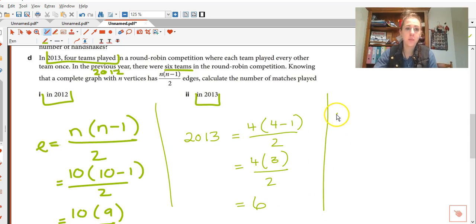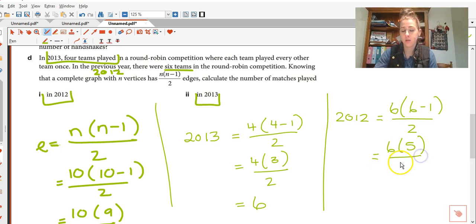So then if we go back to the previous year, which will be 2012, there were 6 teams then. So we've got n multiplied by n minus 1, so 6 multiplied by 6 minus 1 over 2 equals 6 times 5 over 2. So that will give us 30 on 2, which gives us 15.